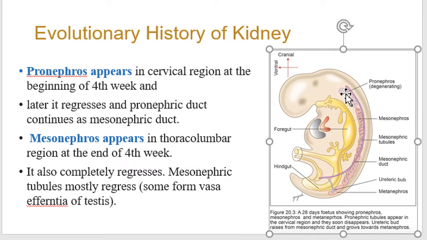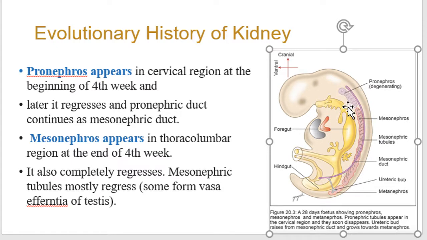The tubules are connected with the duct, known as the pronephric duct. Later the pronephric duct elongates, reaches the cloaca and opens into it. This duct is then known as the mesonephric duct.